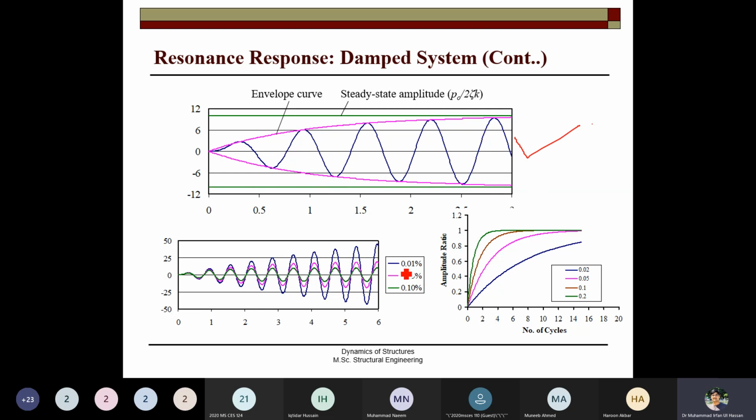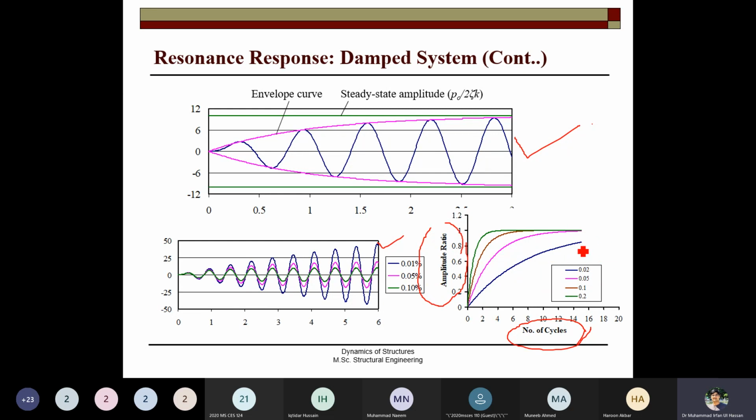With changing the value of the damping, the lesser the damping value, the more amplitude of vibration you see, and for a higher value of damping, lesser amplitude is seen. So the amplitude ratio can be computed by the number of cycles. After a certain cycle, the ratio becomes the same.